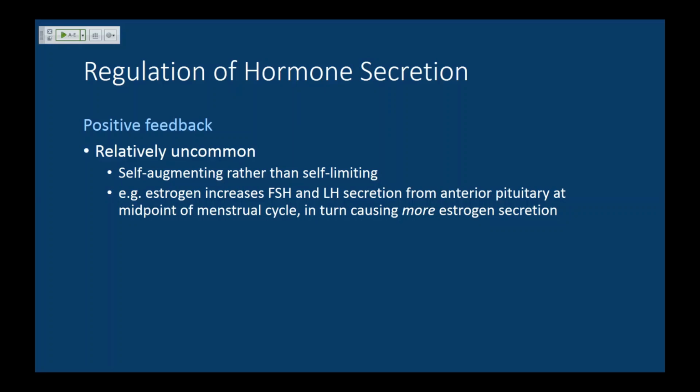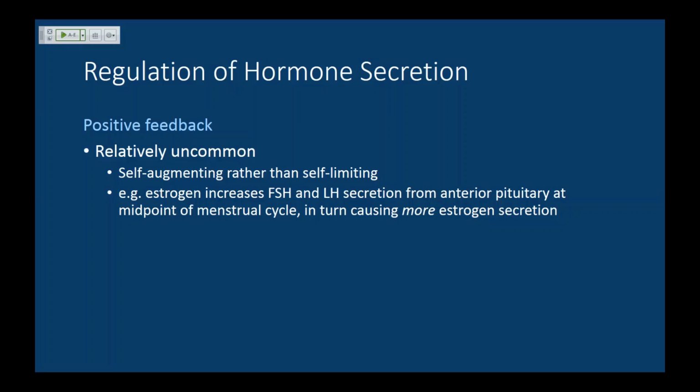One of the main examples is in the menstrual cycle: the secretion of estrogen near the midpoint is actually operating under positive feedback, in that it increases the synthesis and release of follicle-stimulating hormone and luteinizing hormone from the anterior pituitary, which then leads to the synthesis of more estrogen, and so on and so forth. We'll talk about this later, so you don't need to write it down now.